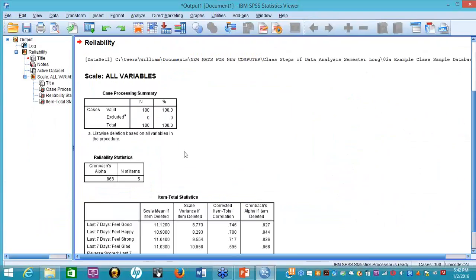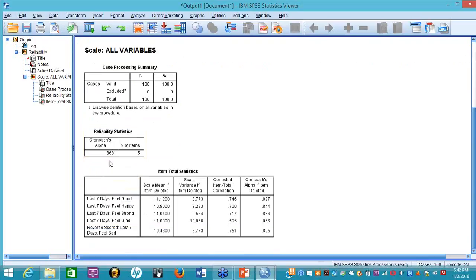So this is what it's saying. Valid 100. The Cronbach's alpha here is 0.868, which rounded up is 0.87 for our 5 items. So the internal consistency is very good, way above 0.7. And then the scale if item deleted tells you what the internal consistency would be if you got rid of this item.